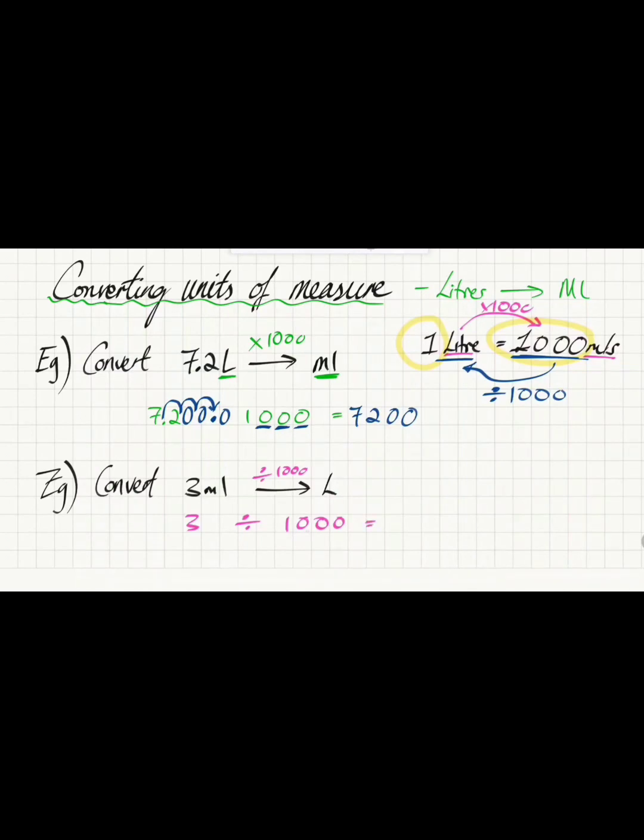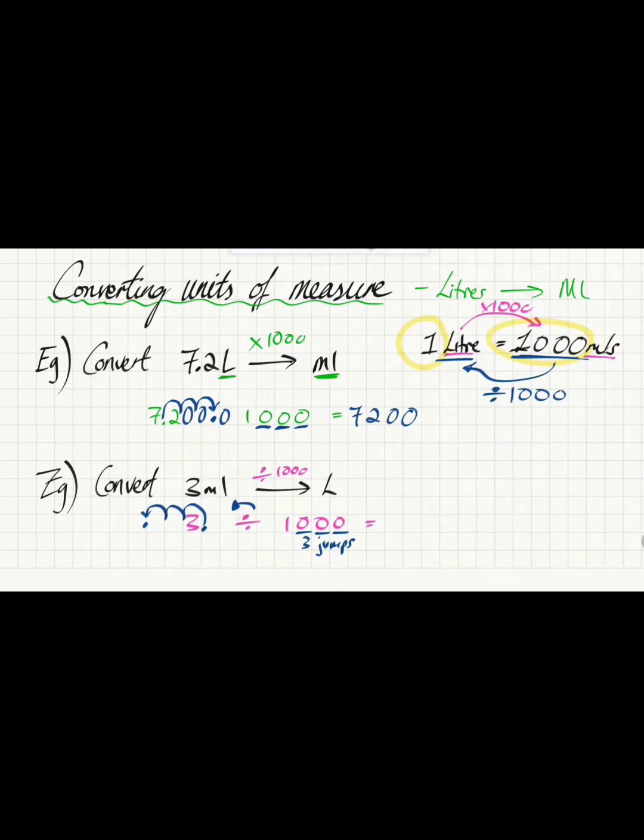Once again, we count the number of zeros, 1, 2, 3. There is an invisible decimal point always to the right of the units. We are dividing, so this time we're jumping the decimal point to the left. 3 times, 3 jumps. 1, 2, 3.